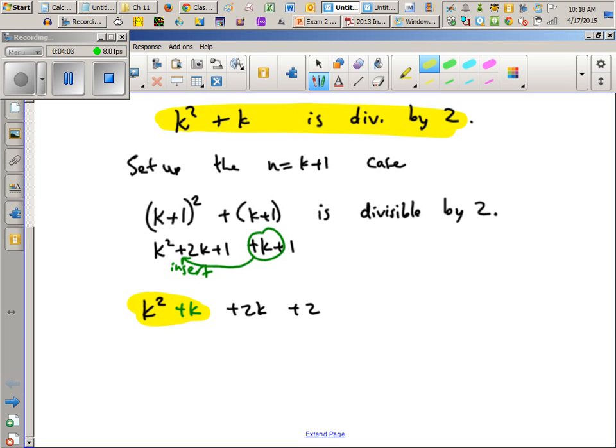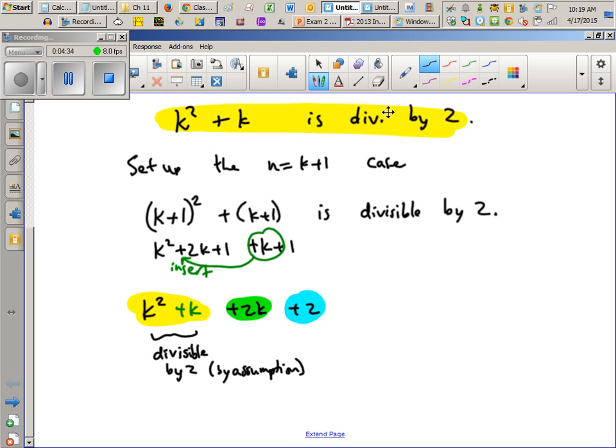What do we know about k squared plus k? It's divisible by 2, right. What about 2k? You think that's divisible by 2? What about 2? Is that divisible by 2? Okay, so what we were saying is that k squared plus k is divisible by 2, by assumption, right?